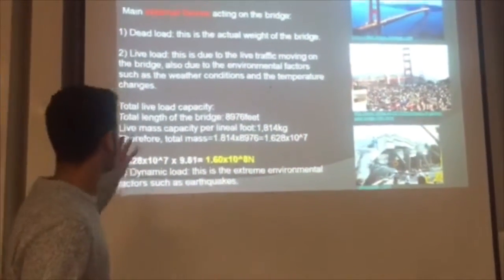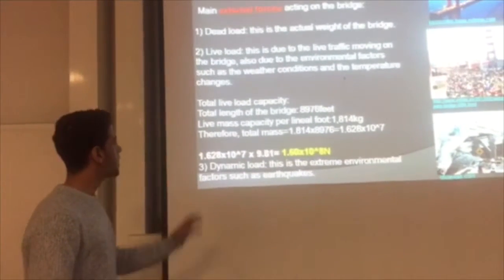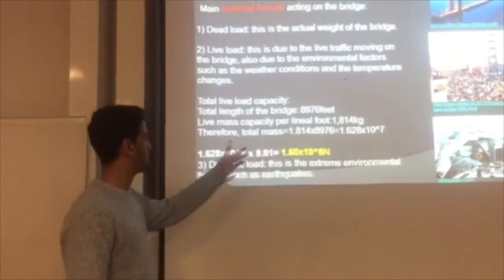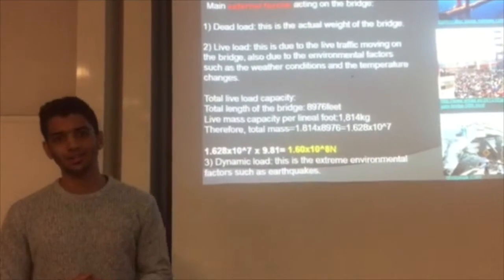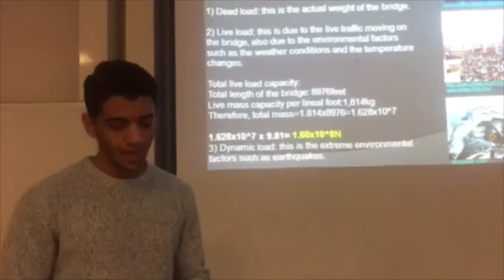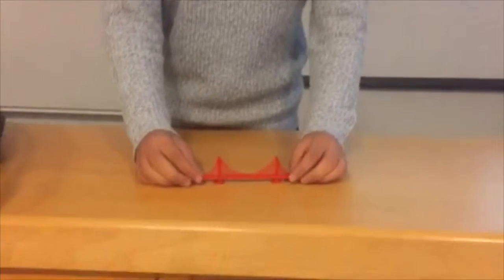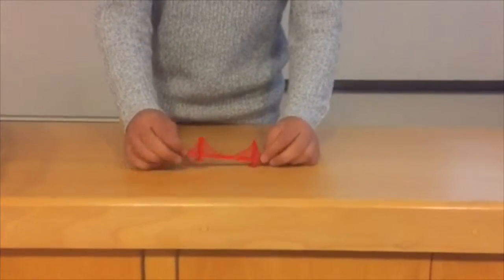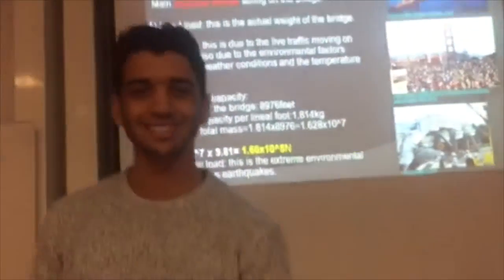Also, I've calculated the total live capacity of the bridge, which is 1.6 times 10 to the power of 8 newtons. The third is the dynamic load, which is like the extreme environmental factors on the bridge. Here we've got an earthquake, and the bridge is moving about, and that's about it.